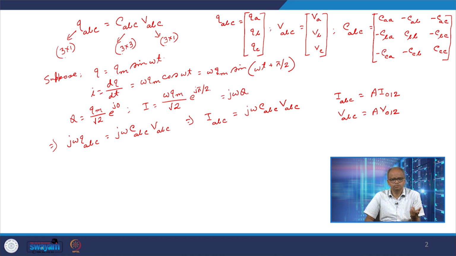Similarly, V012 is zero sequence, positive sequence, negative sequence, and matrix A is given by this, which we also know: 1 1 1, 1 a square a, and 1 a a square.